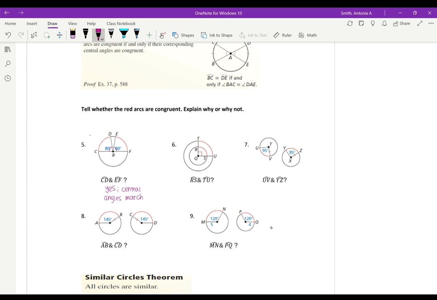No. So even though they have the same angle in the middle, right? This 90-degree angle, it goes for RS and TU. Even though that matches, these are not congruent. And our explanation is they're not on the same circle or congruent circles.